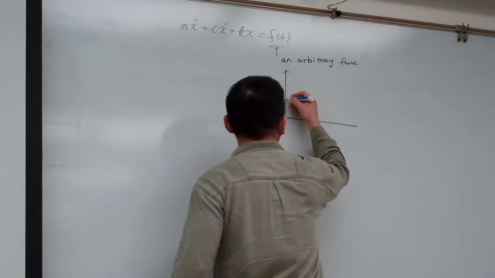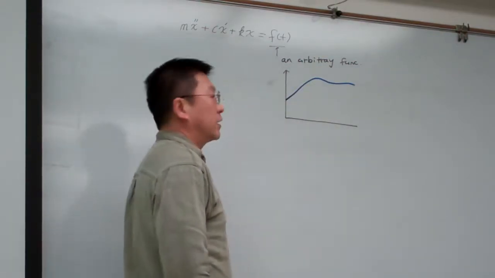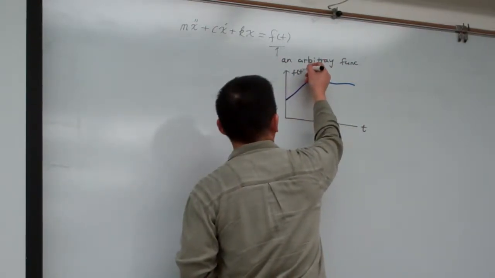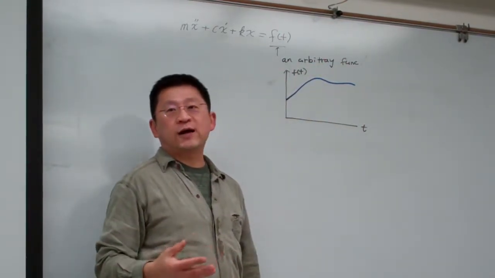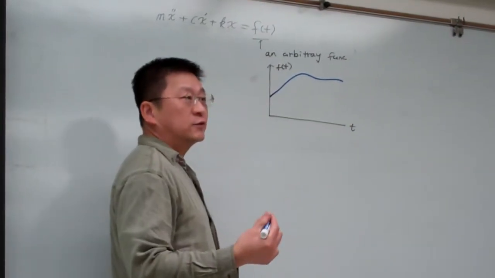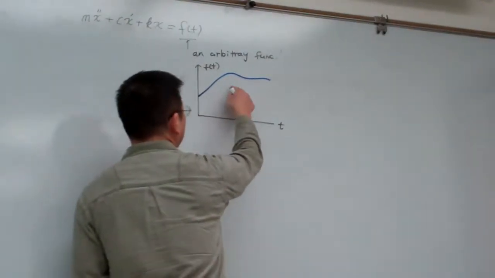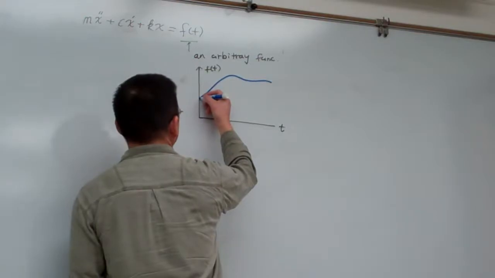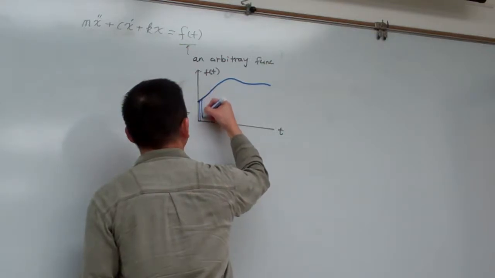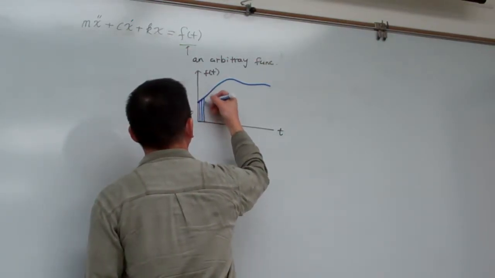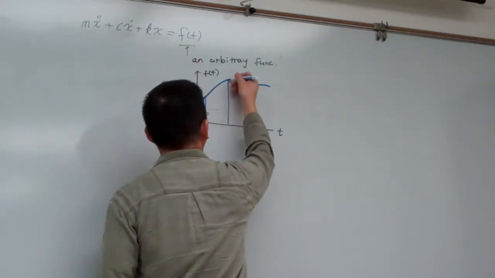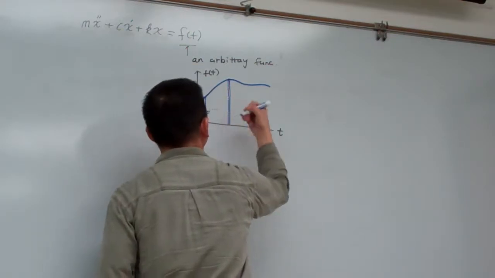For example, follow my plotting here. So if this is f of t, the solution process in terms of concept is this. Conceptually, we decompose this function as a combination of such small strips.